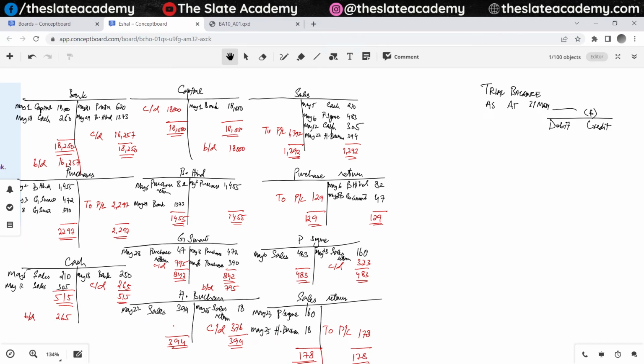So for example, bank, capital, sales, purchases, after purchases, purchase return.